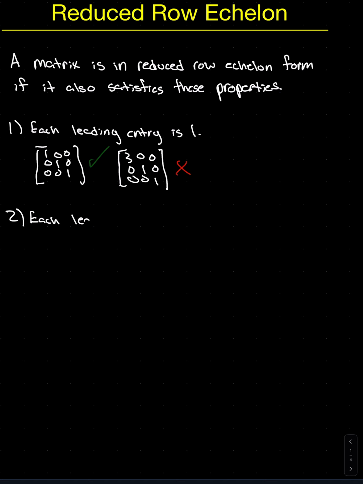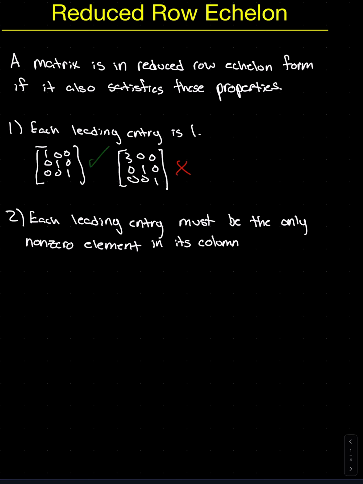And the second and last property is that each leading entry must be the only non-zero element in its column. This one's a little bit more tricky to think about, but once you play with a couple examples, it's pretty easy to see.